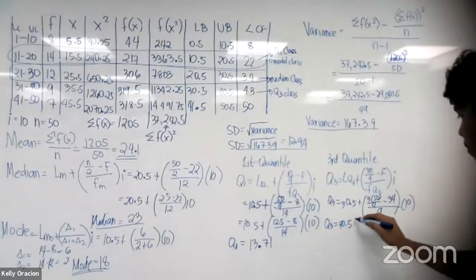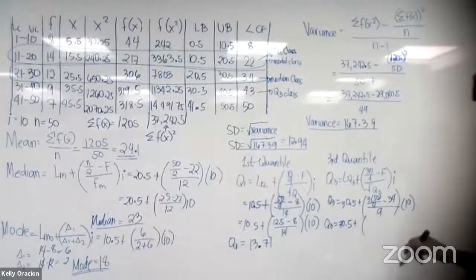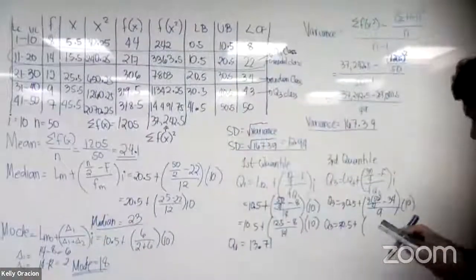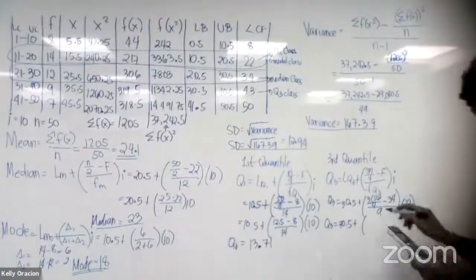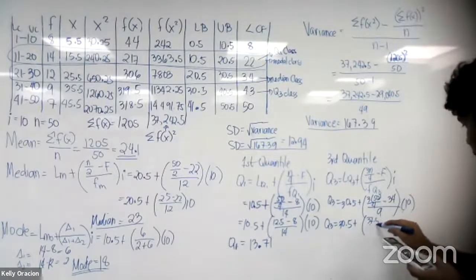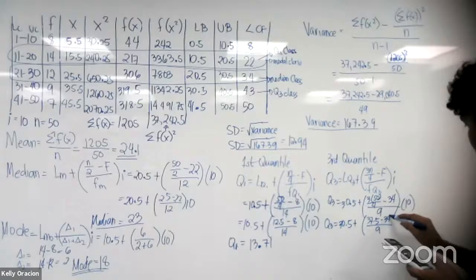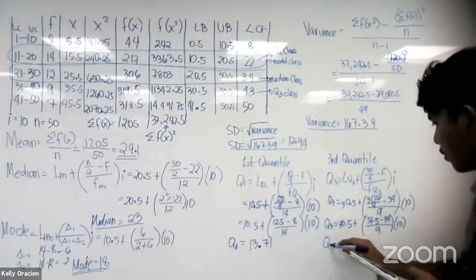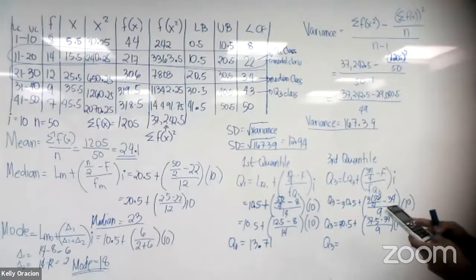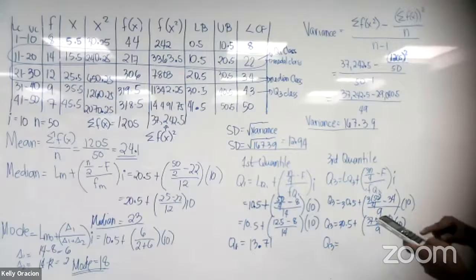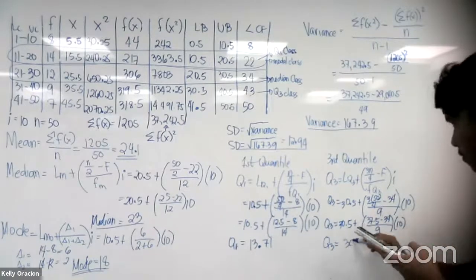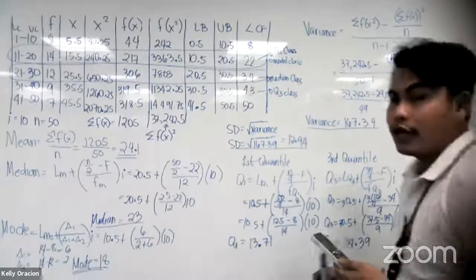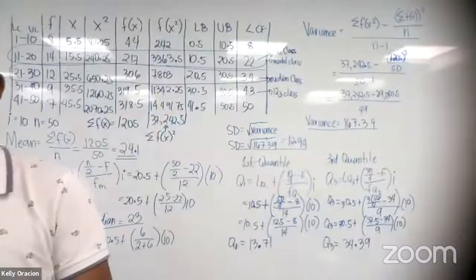So 30.5 plus 37.5 minus 34 over 9 times 10. That means your third quantile is 34.39.